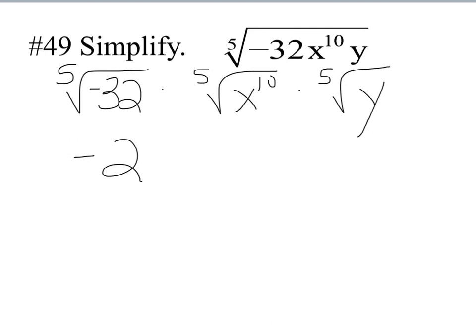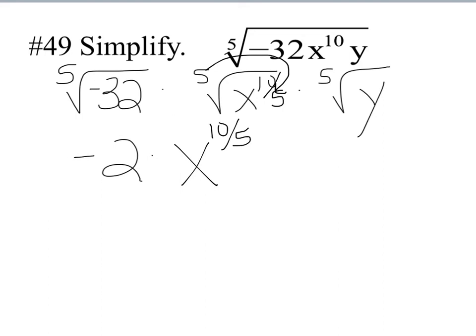So that's okay. And then here we have the fifth root of x to the 10th. So I know I can take this index back and make it my denominator. So this is going to become x to the 10 over 5, which we will later change to 2.